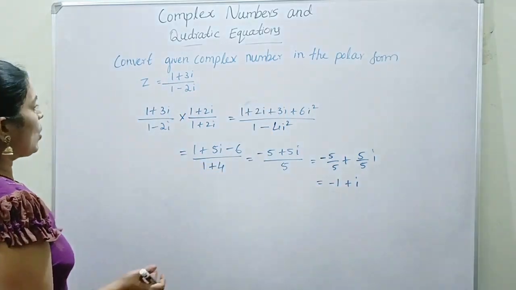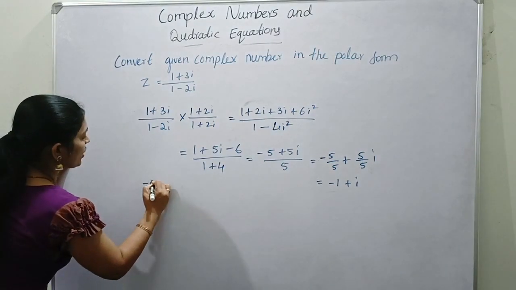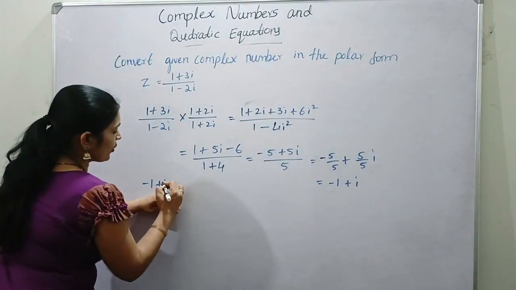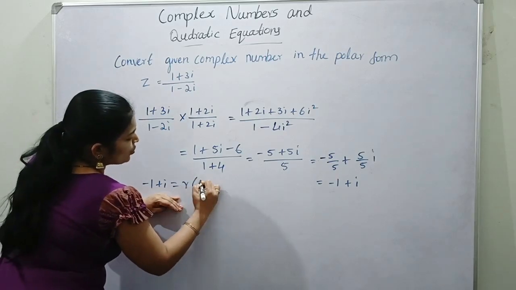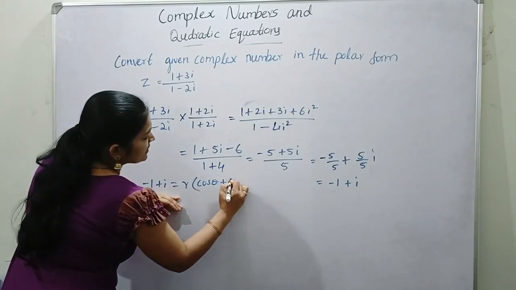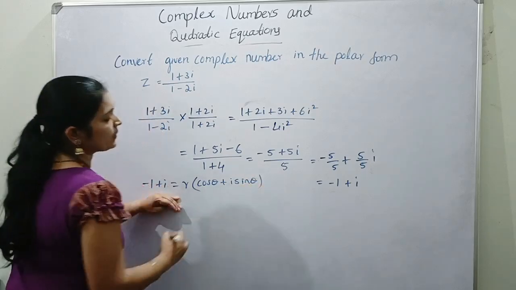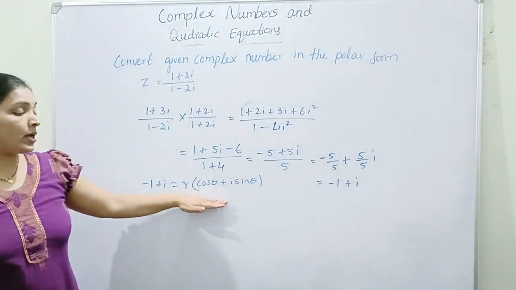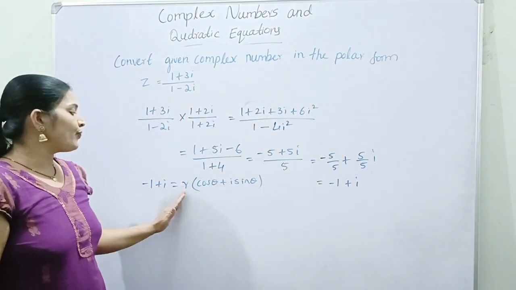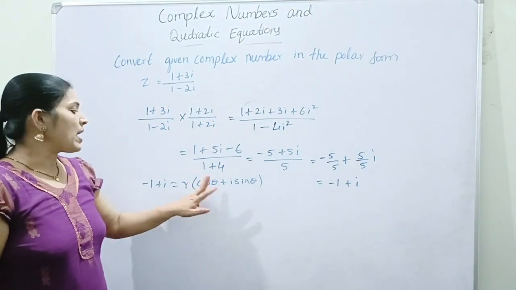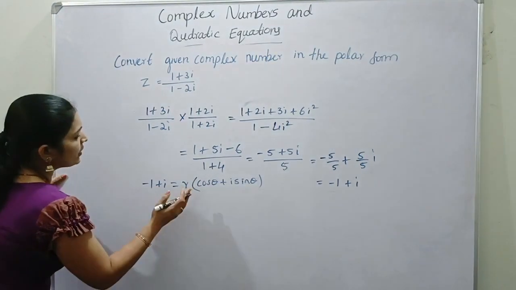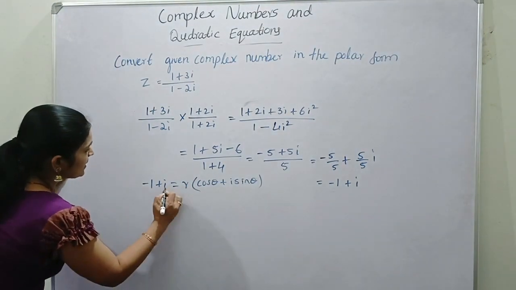So how to convert? First we write -1 + i equal to the polar form of a complex number, r(cos θ + i sin θ). To write it in polar form, we have to find the r value and the θ value. Now compare the real parts and imaginary parts.